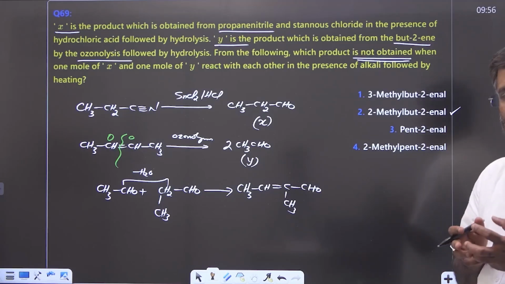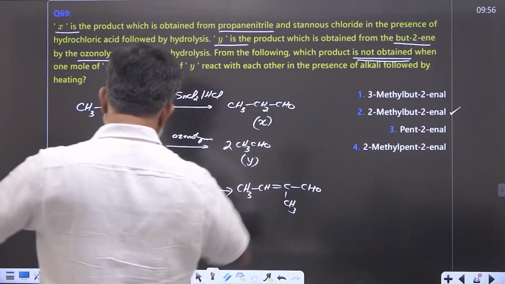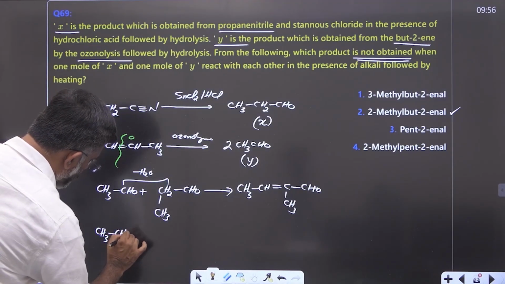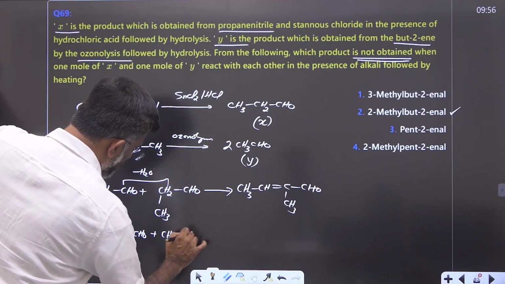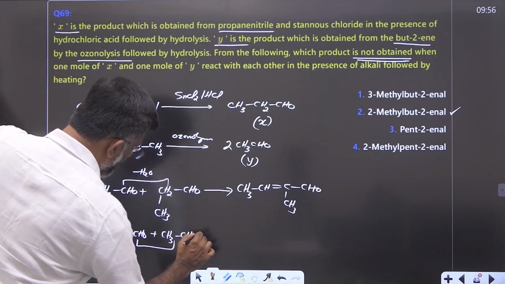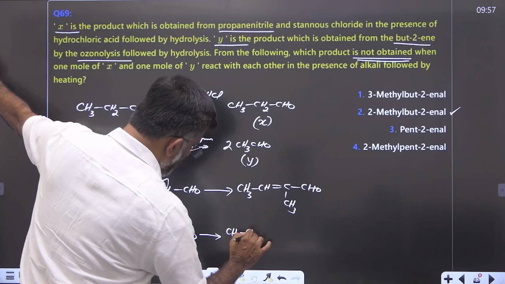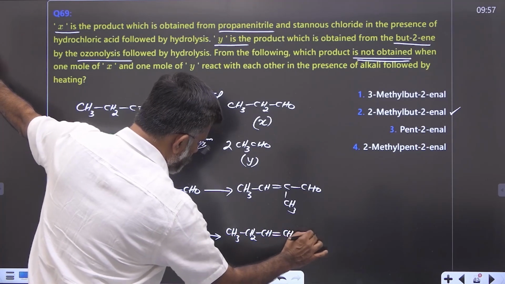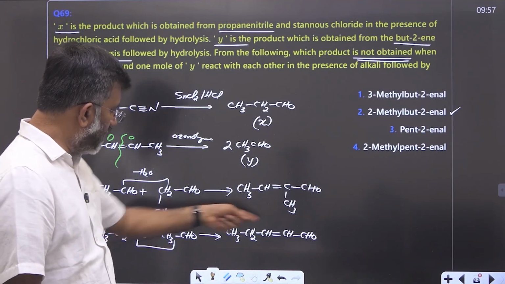Now which one is not obtained? That is the question. Suppose we take the opposite combination. That is CH3CH2CHO plus CH3CHO, if it is combining, is going to condense over here. You will get CH3CH2CH=CHCHO.